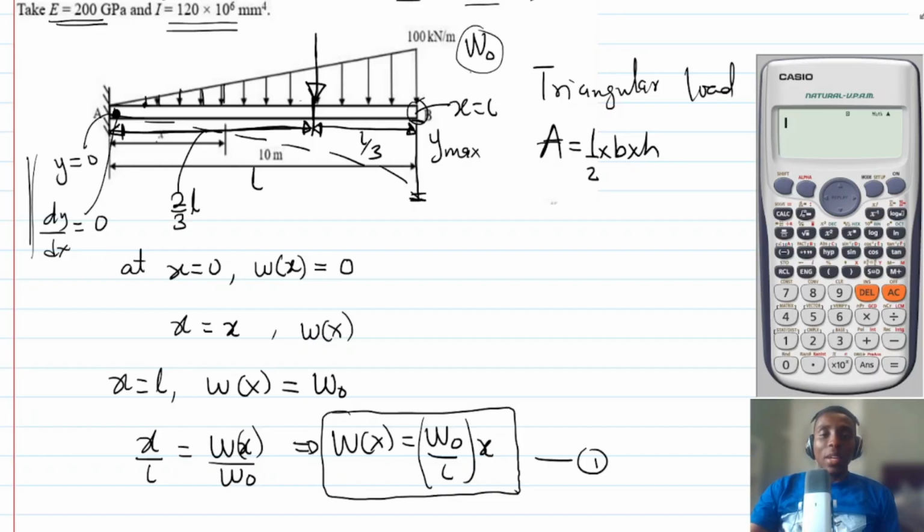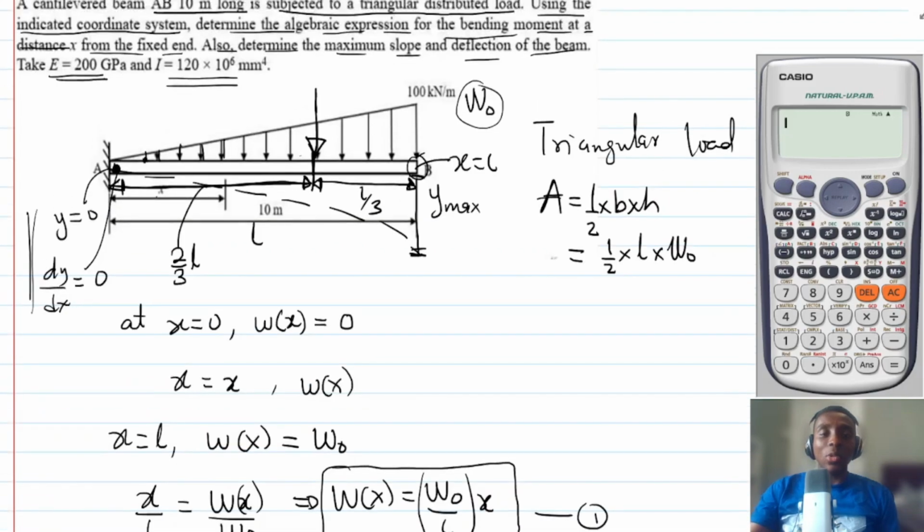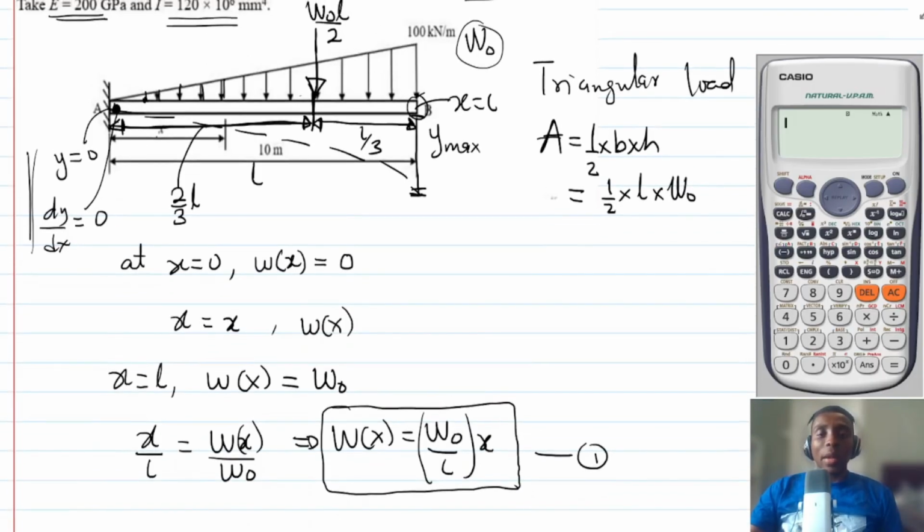So essentially the area is going to be 1/2 times the length L multiplied by the height W naught. Which means that the actual load, or the intensity of the load, is going to be W naught L divided by 2, and it will occur at L/3 from the free end. That's all.